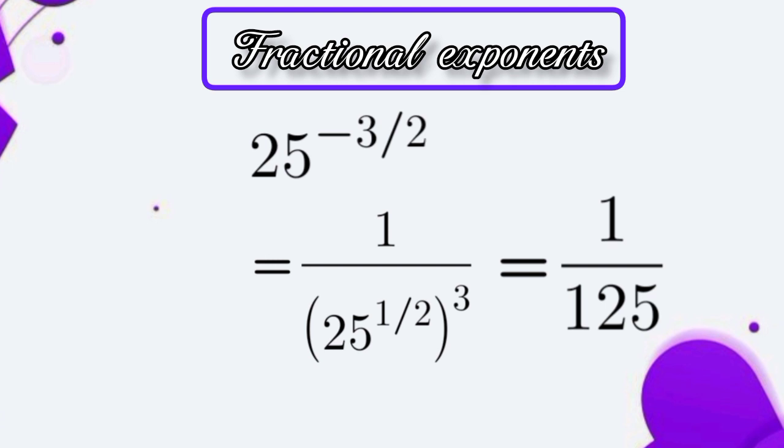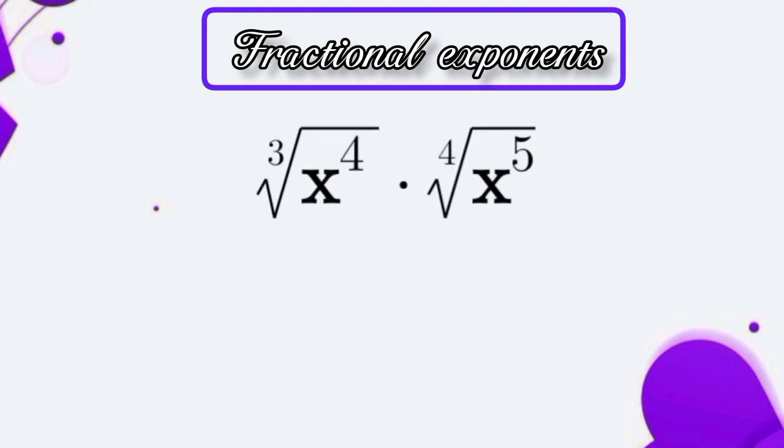Now, let's take this example, not actually involving numbers, but you might see it in a couple of questions. Let's say you have the cube root of x raised to the power of 4 multiplied by the fourth root of x raised to the power of 5. Now, this can be made very simple if we have the same index number, we can just add x raised to the power of 4 and x raised to the power of 5.